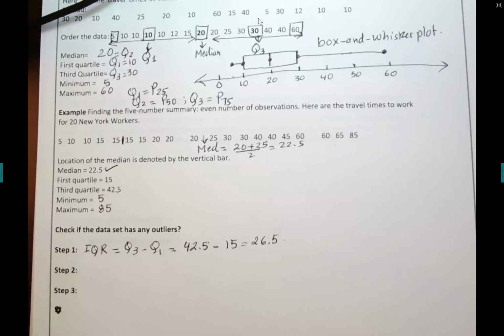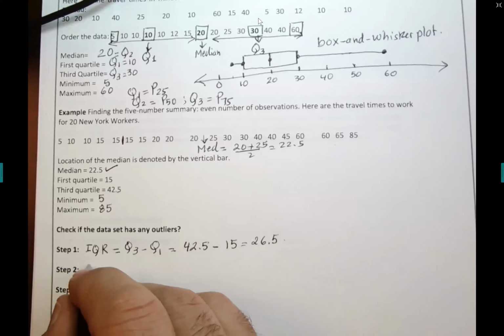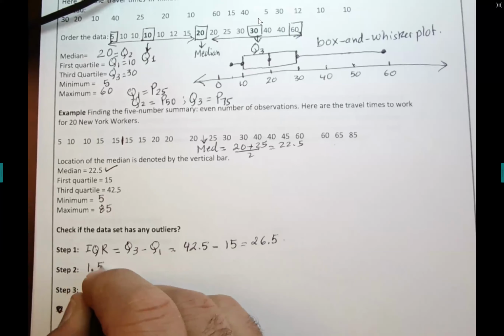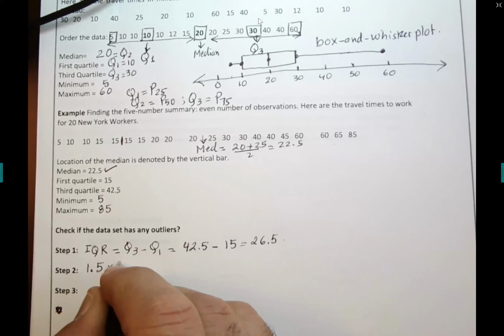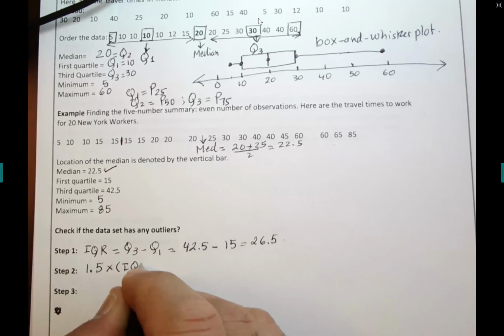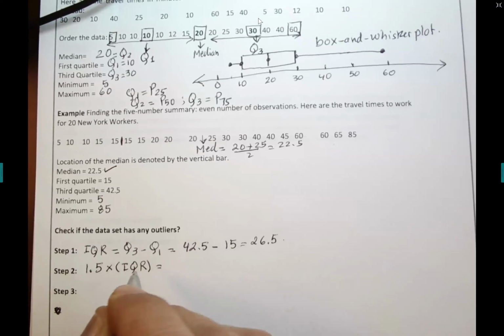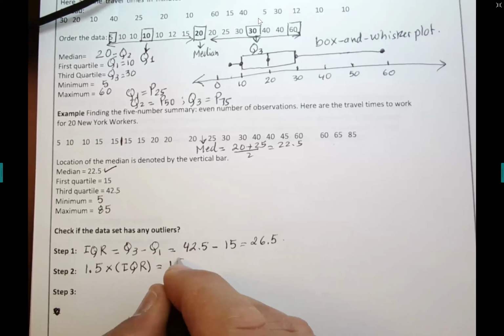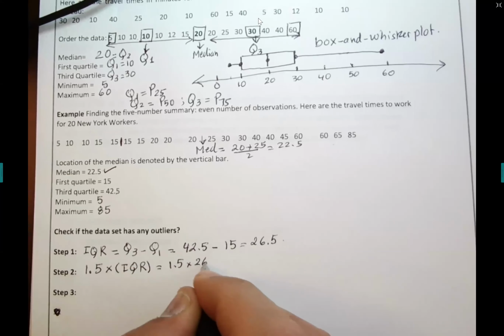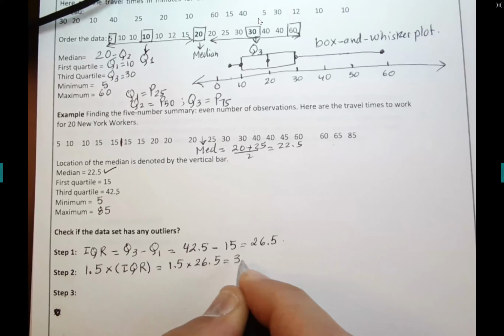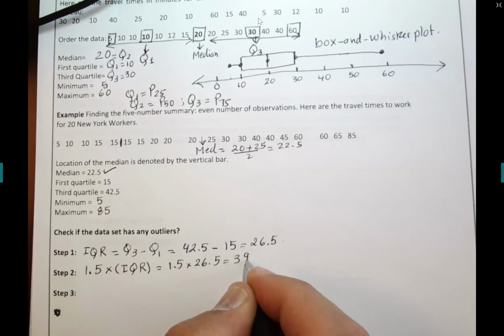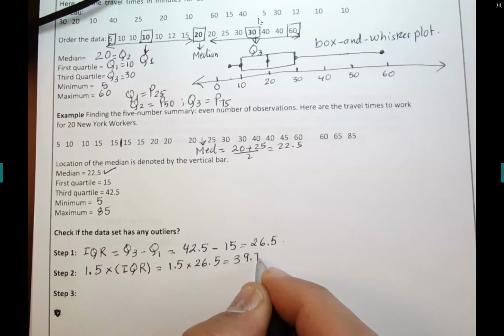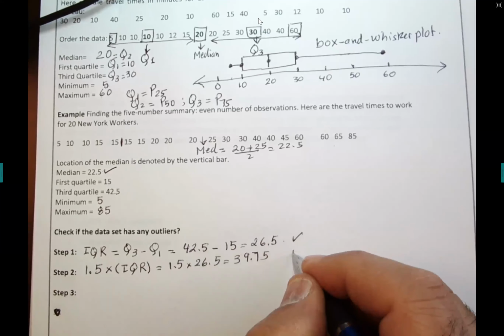Step 2: multiply the answer in step 1 by 1.5. And it's always 1.5, regardless of the problem. So 1.5 times 26.5 is 39.75. Are we good so far? So that's step 1, that's step 2.